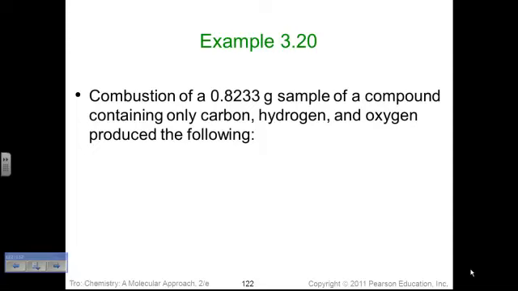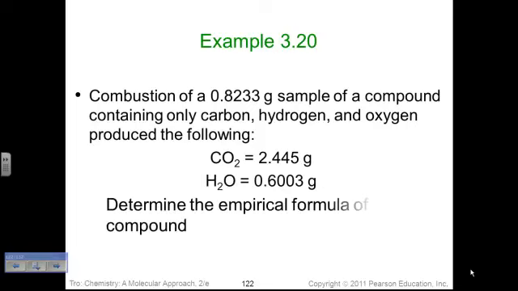We have a combustion of 0.8233 grams of a sample that contains carbon, hydrogen, and oxygen. It's produced by the following. Carbon dioxide, 2.445 grams, was absorbed and recorded as a weight.